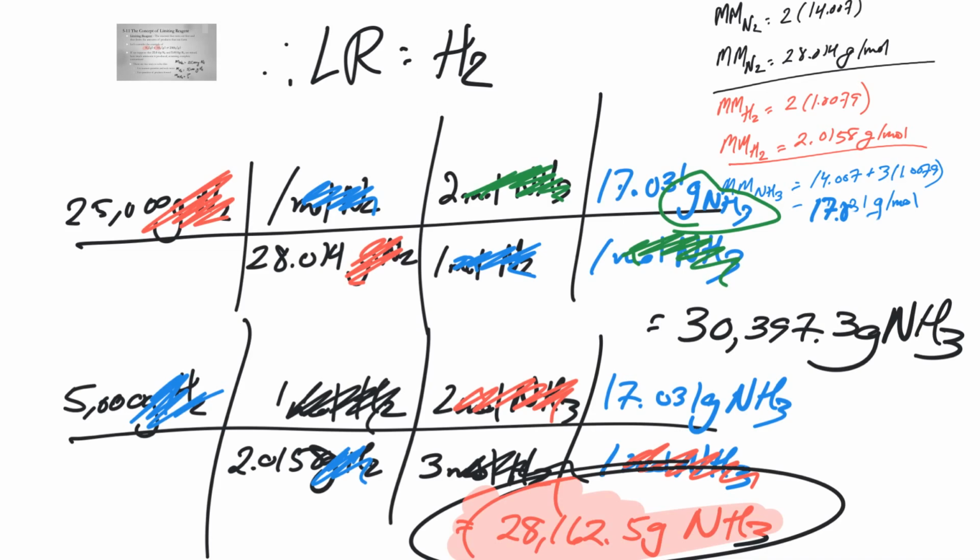Now, significant figures would be the next step. 25,000 grams, which in the problem had 3 significant figures, the answer would be to 3. So actually this would be 28,200 grams of ammonia.